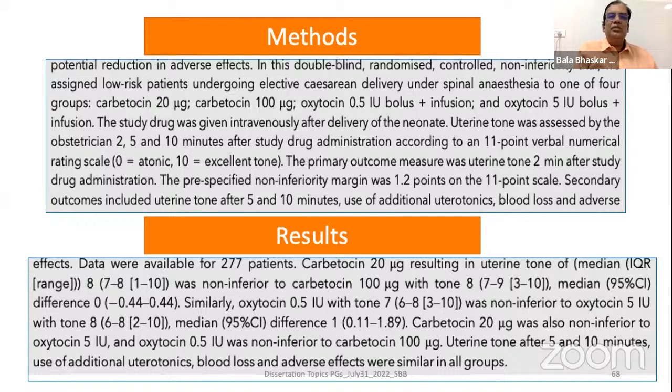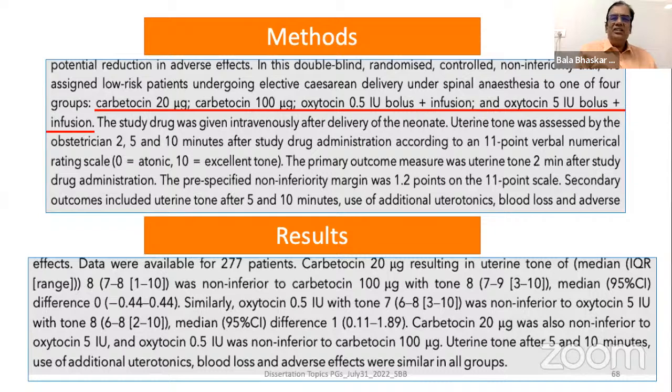If you look at the methods, they picked carbetocin at a normal regular dose of 100 micrograms, but they also used a low dose of 20 micrograms. Then oxytocin 0.5 units bolus followed by infusion, and oxytocin 5 units bolus followed by infusion. So these were the four groups basically.